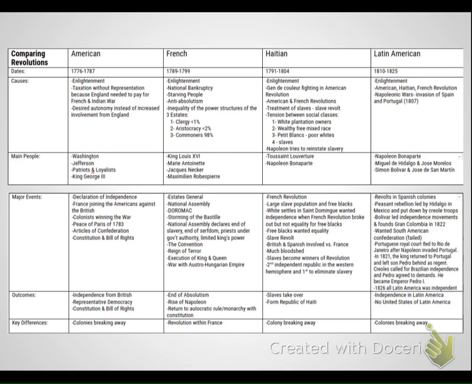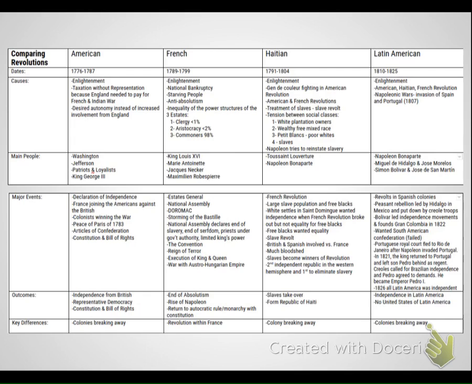Ultimately, though, they do get a constitutional monarchy, but they went through stages of republic that didn't even have a monarchy at all, and we know with the Reign of Terror and all the things that happened during the French Revolution. The Haitian Revolution went very differently from the others. We see that they may have been influenced by the Enlightenment, but ultimately it's really around the issue of slavery and rights.